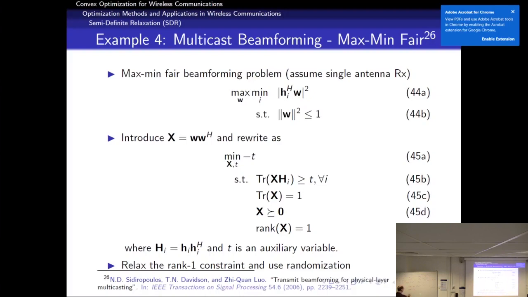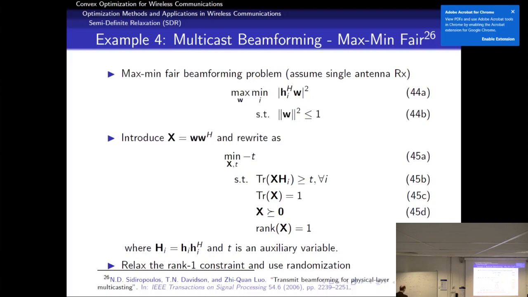I want to maximize this subject to the minimum over i of h_i Hermitian w being larger than or equal to t. The problem changed, but actually the solution will be exactly equivalent between this one and this one. If I maximize t, I will push the minimum up, and so that will be equivalent to maximizing the minimum there. Right?